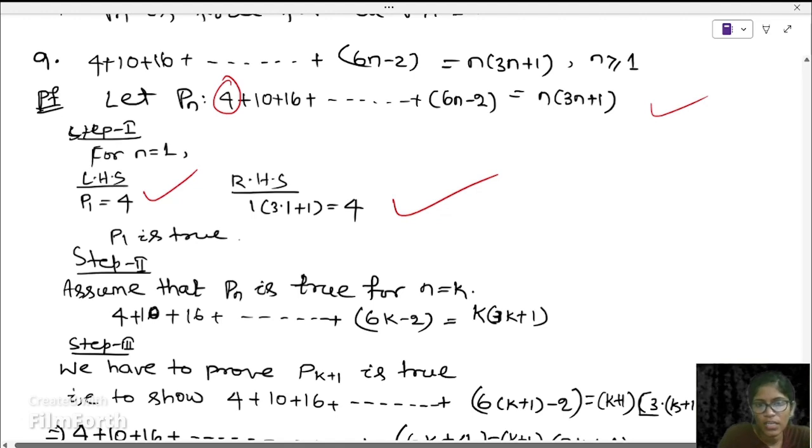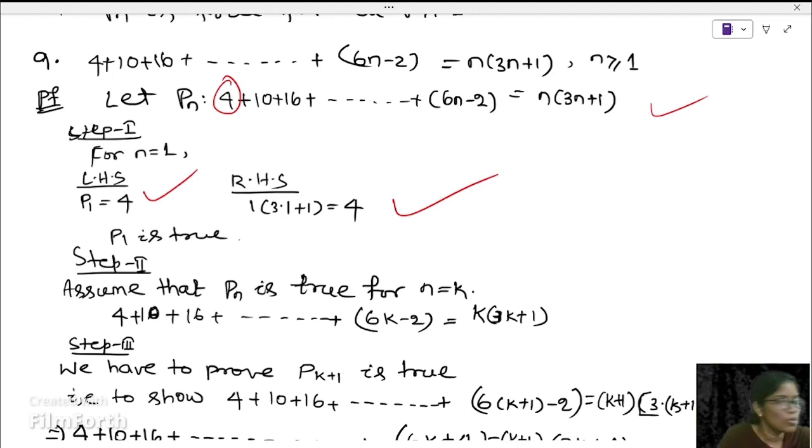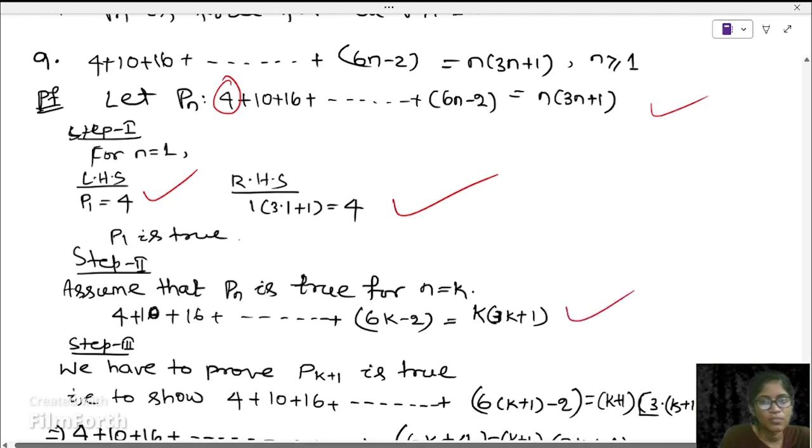Step 2, assume that Pn is true for n is equal to k. Okay, 4 plus 10 plus 16 plus up to 6k minus 2 equal to k into 3k plus 1. That means in place of n we will put k. Okay, in next term we will put in place of k, n is equal to k plus 1. Okay, step 3. We have to prove that Pk plus 1 is true.